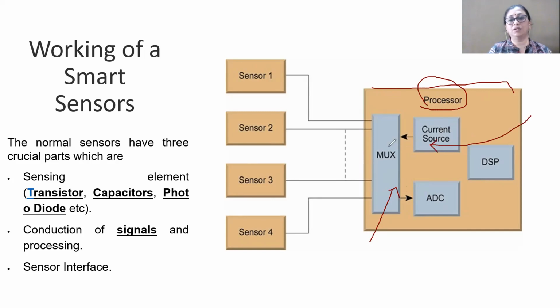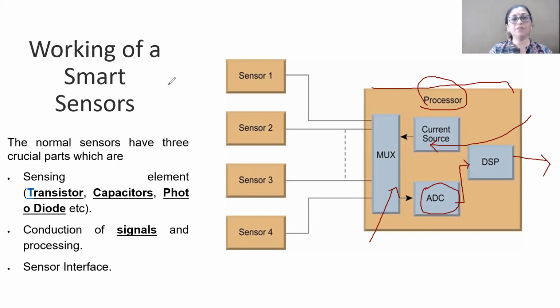It operates on a current source, and through this current source it is activated. The output of this multiplexer is provided to an analog to digital converter, and after converting it into digital form, it is applied to what is known as a digital signal processor, and then the output is provided to the user.